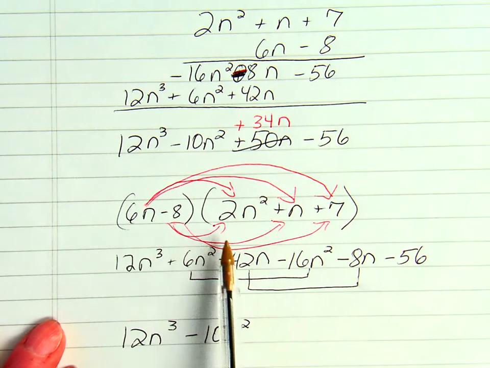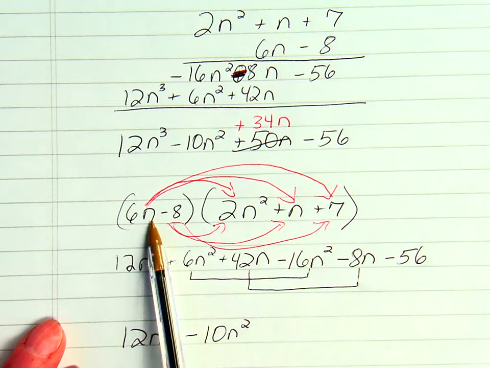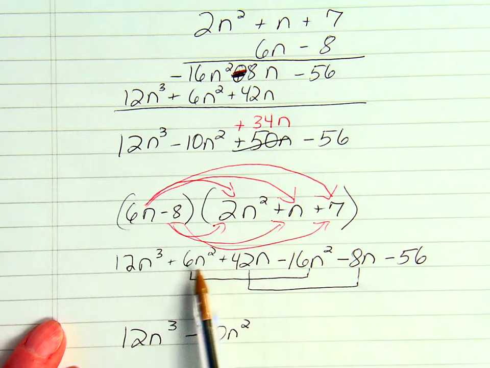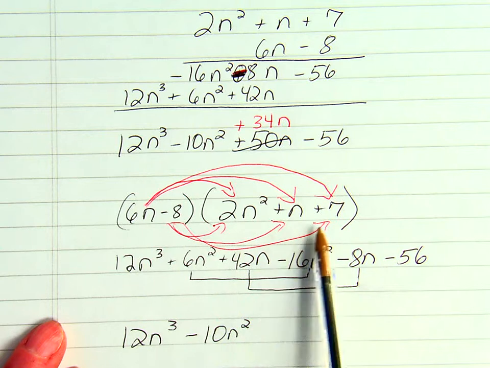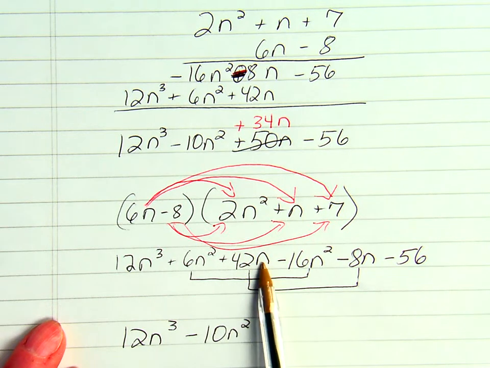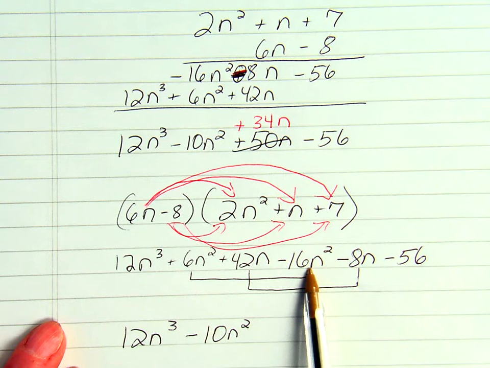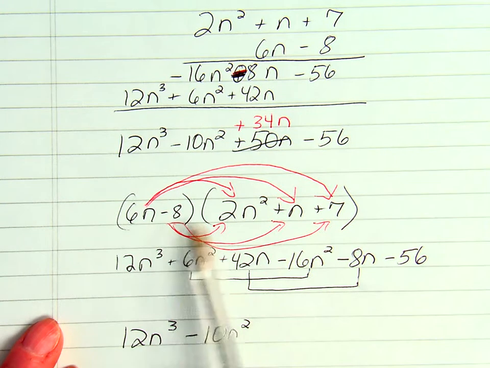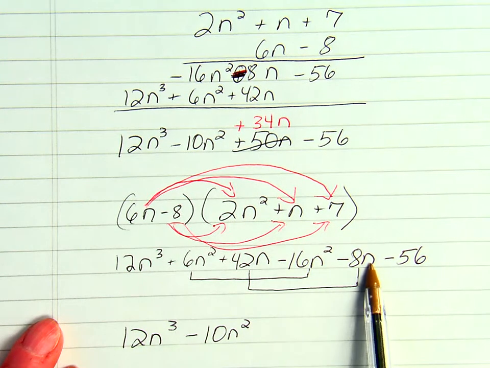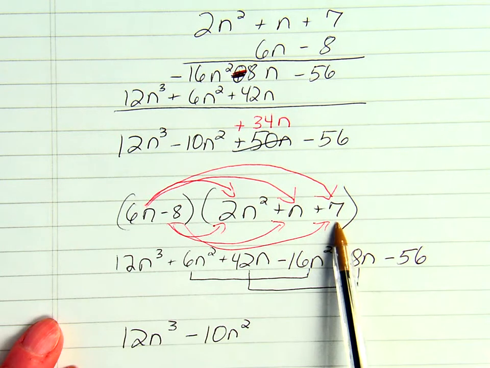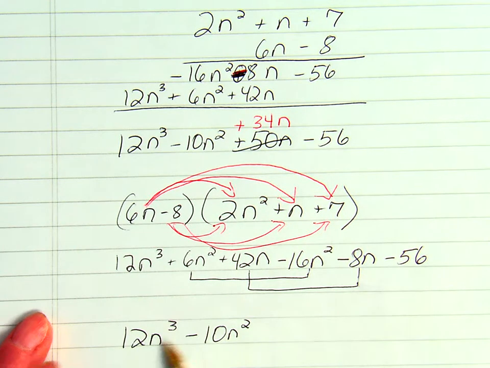So as you can see, 6n times 2n squared, 12n cubed, 6n times n, 6n squared, and 6n times 7 is 42n. Negative 8 times 2n squared is negative 16n squared. Negative 8 times positive n, negative 8n, that's when I found my mistake. And negative 8 times positive 7 is negative 56.